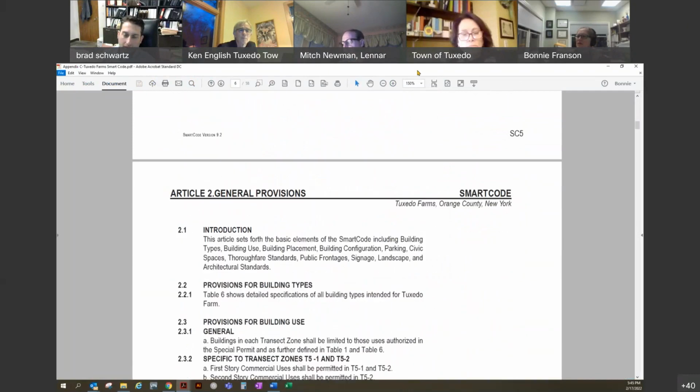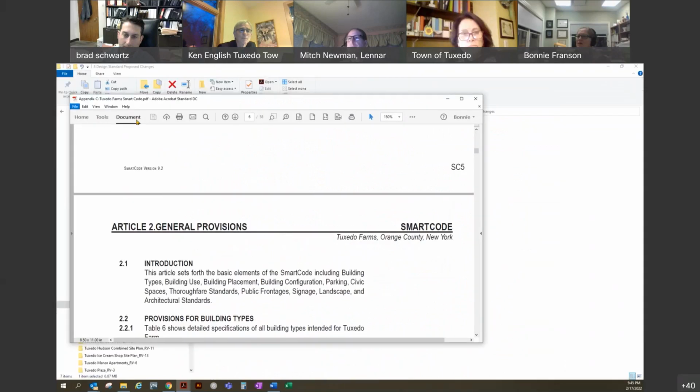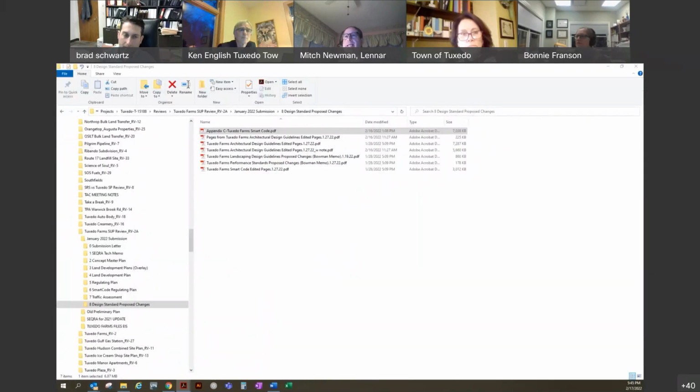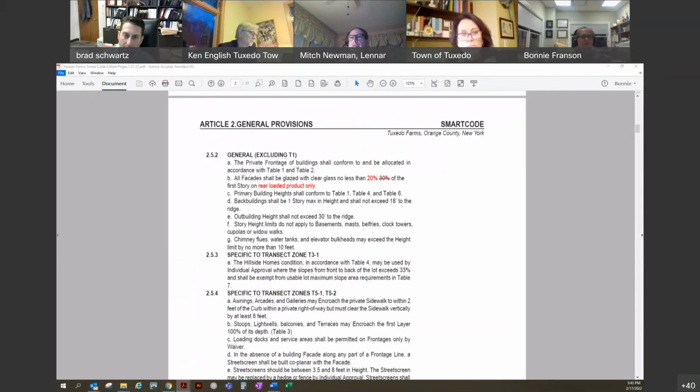So that's why we put rear loaded product only. Maybe the better way to say that is a home where the garage is not facing the front street. Maybe the vernacular isn't as clear as it could be.